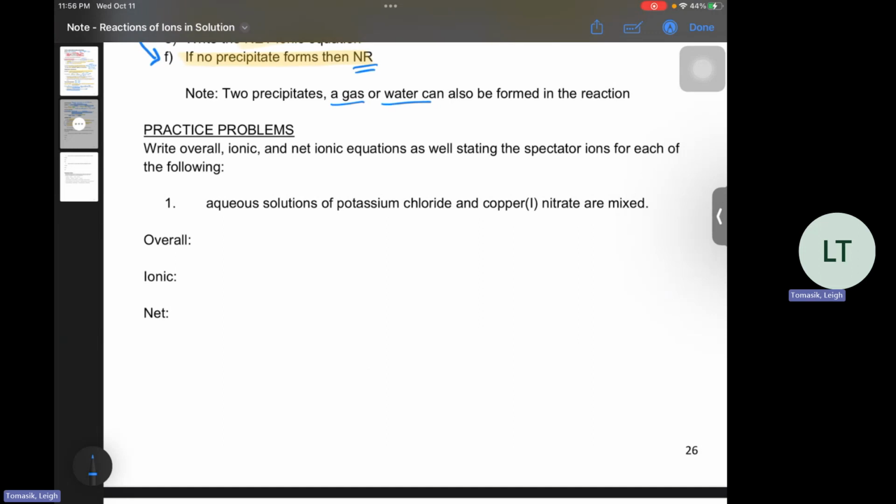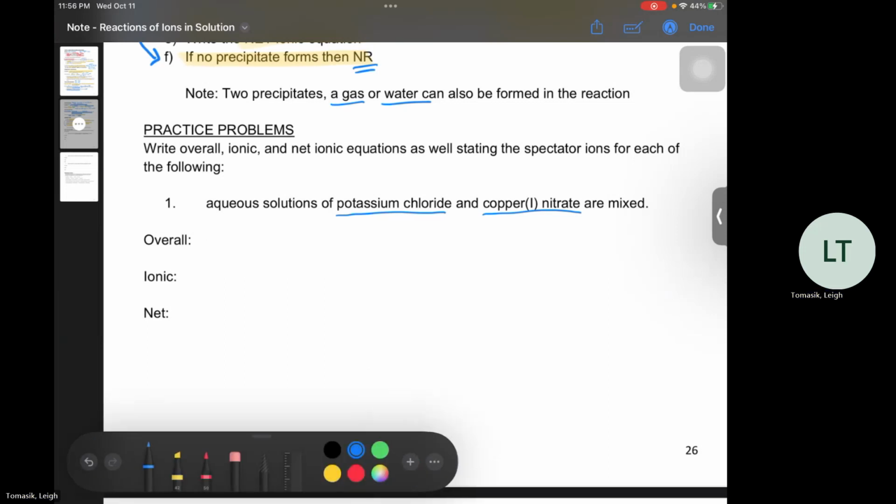So it says aqueous solutions of potassium chloride and copper 1 nitrate. So the first thing that we have to do here is we have to go from the words to the chemical formulas. Okay, so potassium chloride, right?